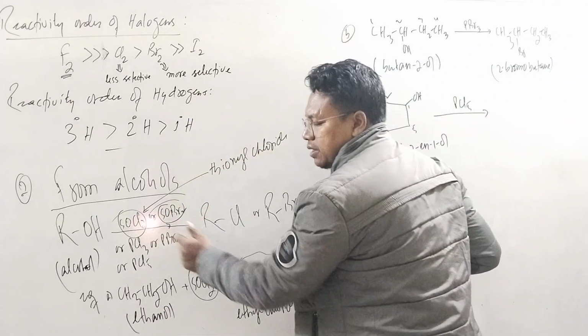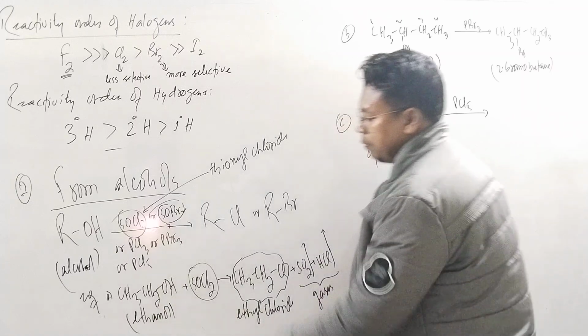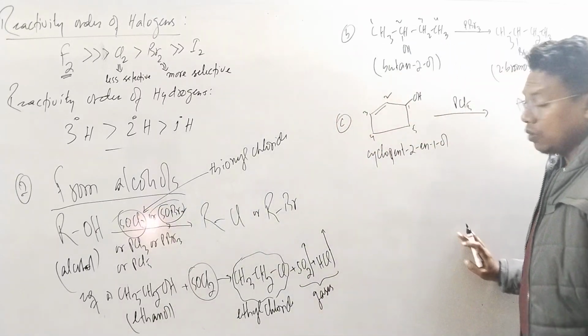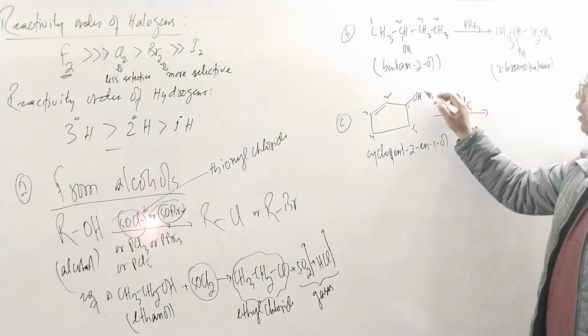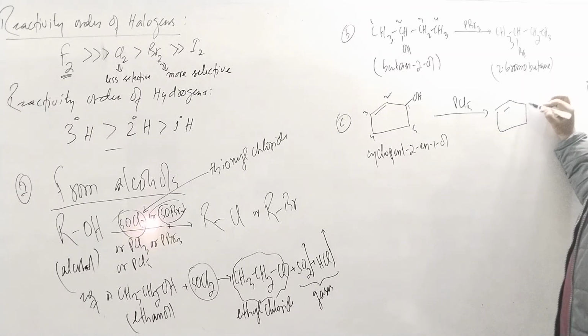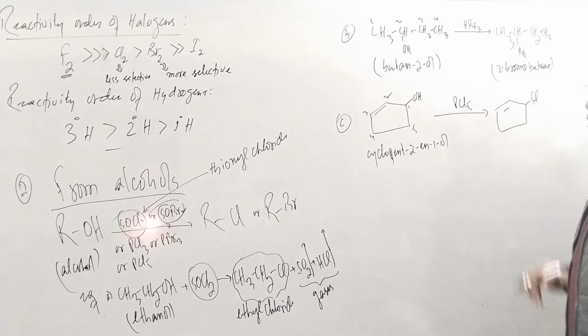There are other reagents also, other than these, that can be used to prepare haloalkane from alcohol. Lucas reagent is there. Many reagents are there. This OH is substituted by Cl. What is the IUPAC nomenclature of this halide?